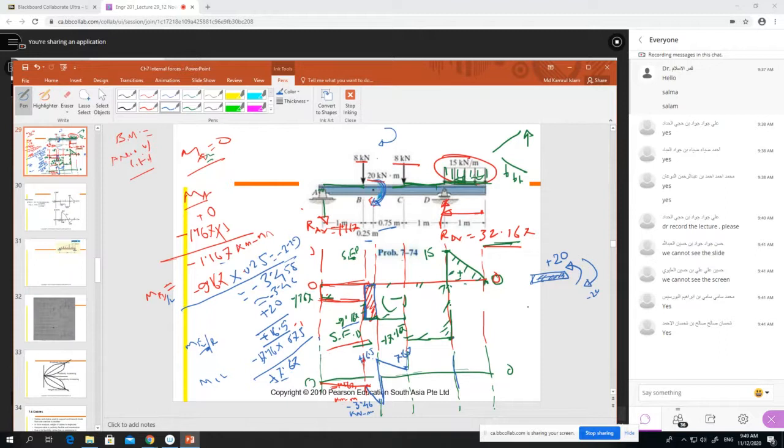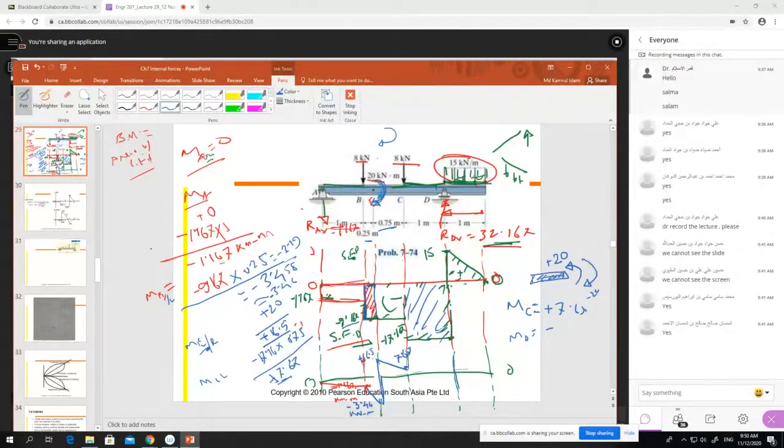At moment D, at moment C it was plus 7.67. At moment D, MD will be this area, right? This area is how much? 7.67 minus the 17.